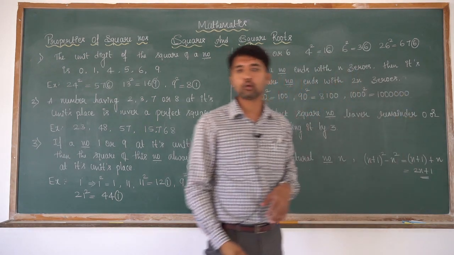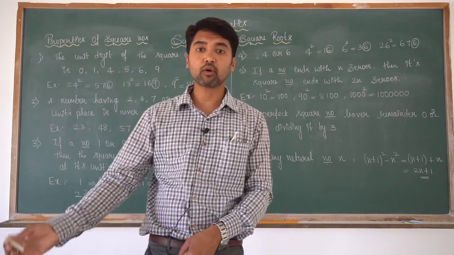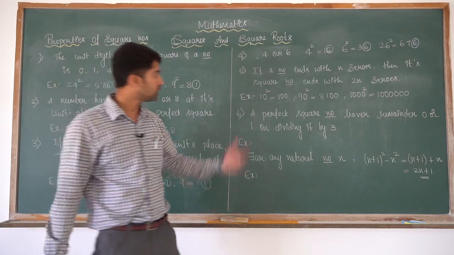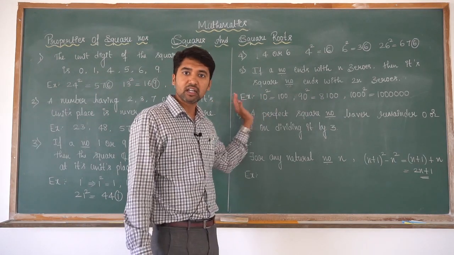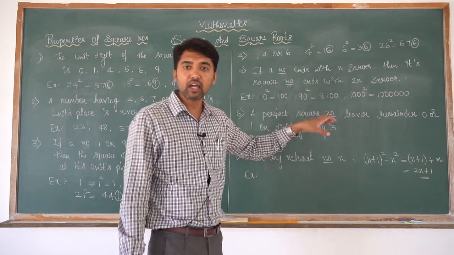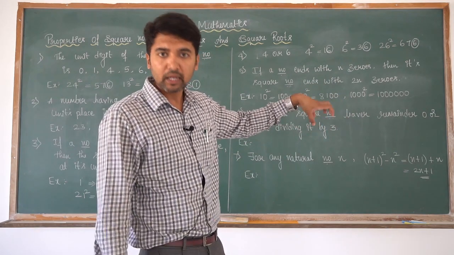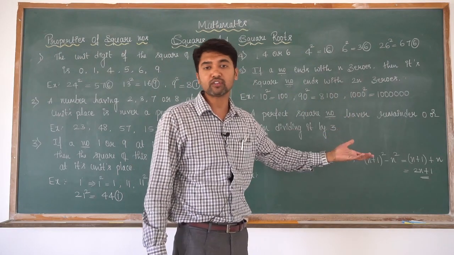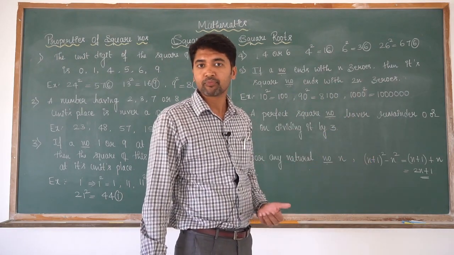Like this. Hope you can understand. It is only about the number of zeros. Don't get confused. Whatever the other digits are, at the end, if you have 1 zero, it will be 2 zeros in the square of the number. If you have 2 zeros at the end of a number, then we will have 4 zeros in the square of that particular number at the end.